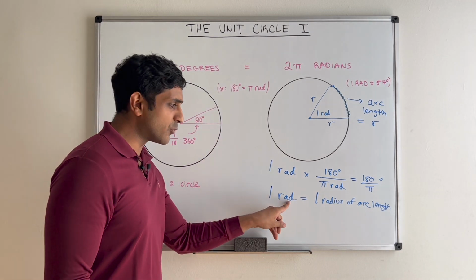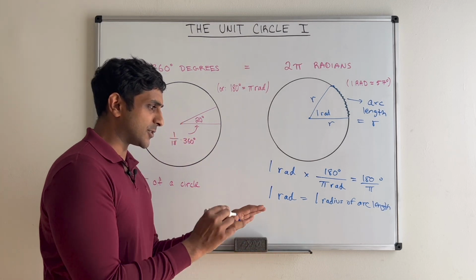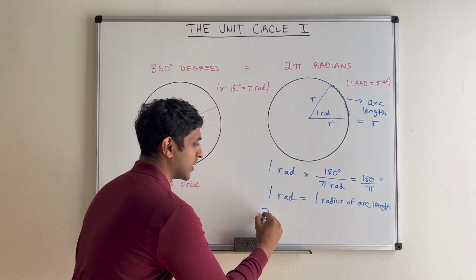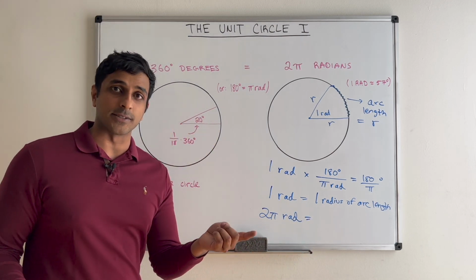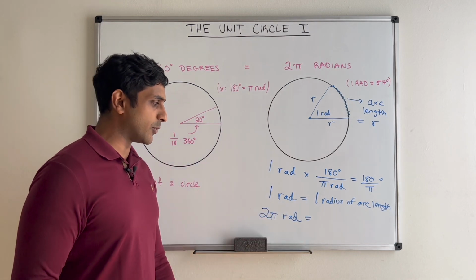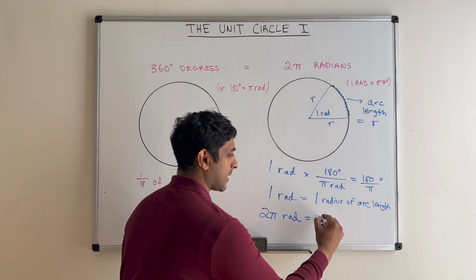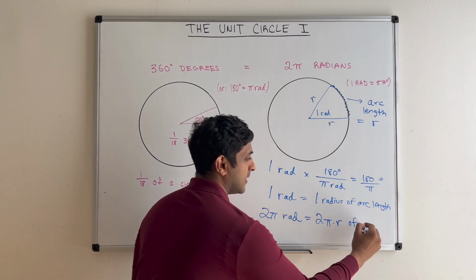And so if 1 radian is equal to 1 radius of arc length, then just to convince yourself that that's true, you can think about what that would mean about 2 pi radians. So 2 pi radians should be a full circle. And so if 1 radian corresponds to 1 radius of arc length, 2 pi radians corresponds to 2 pi radiuses of arc length.